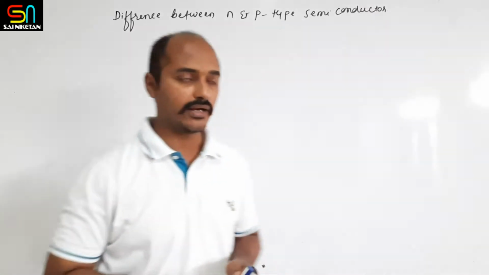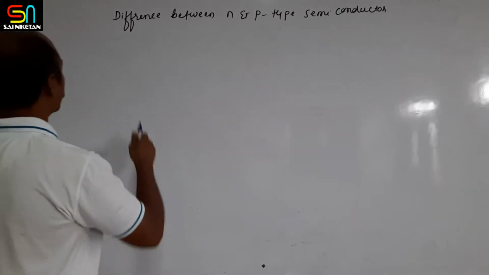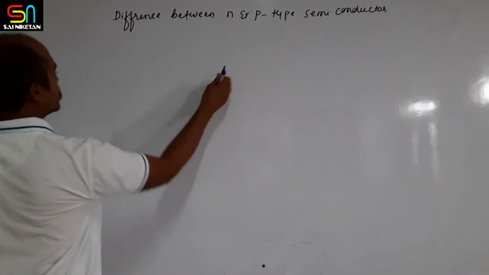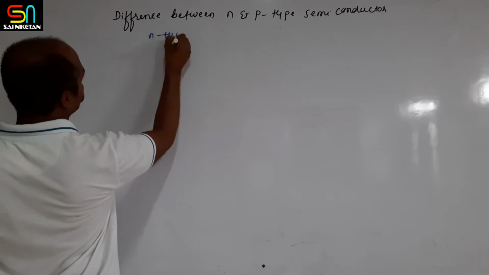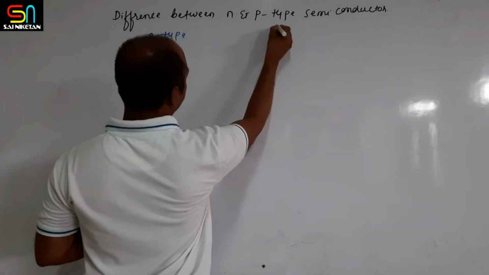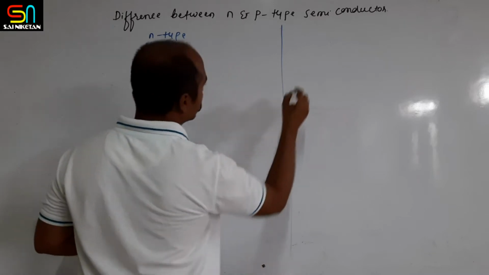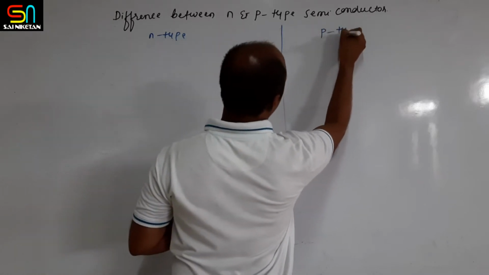between those two semiconductors. So the first difference is in its statement. Here I will say n-type and here I will say p-type semiconductor.